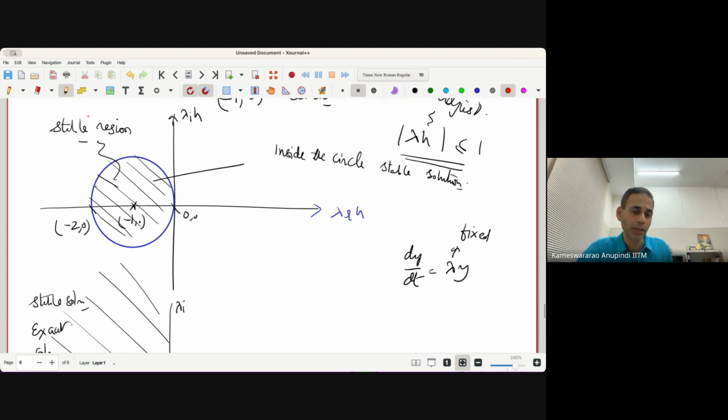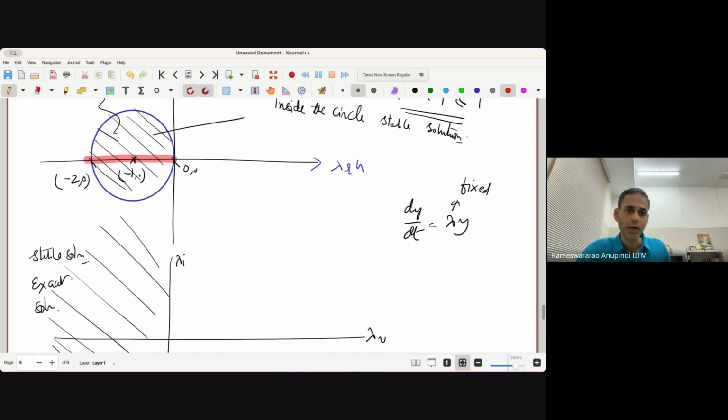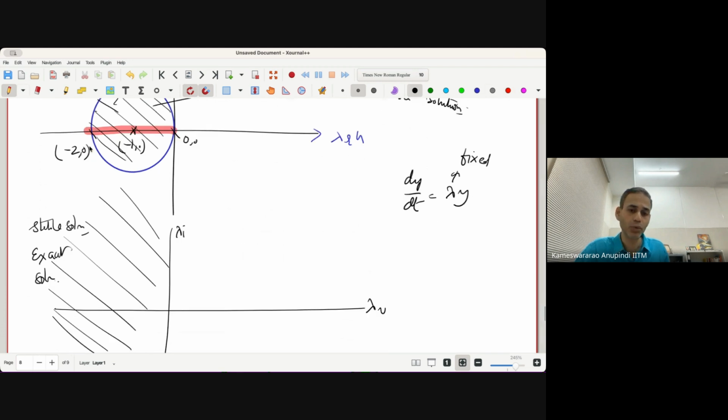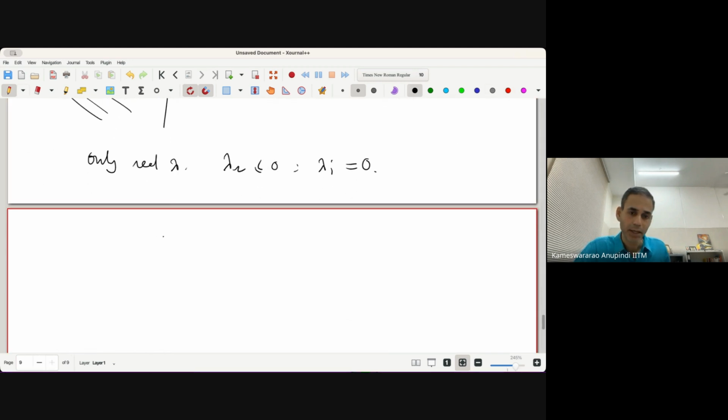I am on the x-axis, right? Because lambda I is 0, I can be anywhere on the x-axis, but then I cannot take anything more than 2. So for that reason, my modulus of lambda r times h should be less than or equal to 2, right? It cannot be more than that.